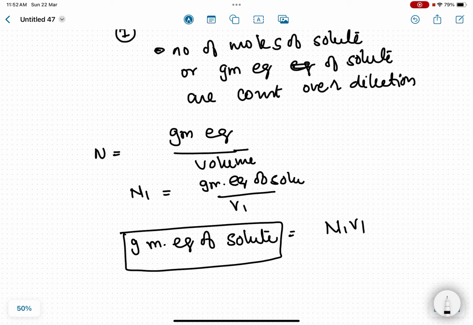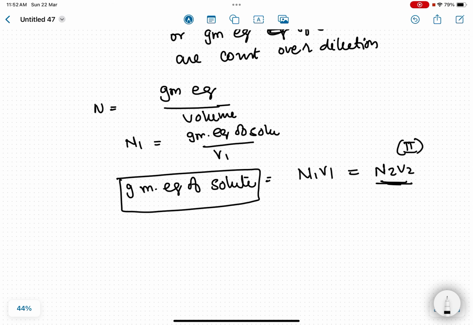This has not changed, it is constant, and this would be N2 V2 after dilution. Similarly, the gram equivalents after dilution would be N2 V2, so they are equal. This gives us the law of dilution, that N1 V1 equals N2 V2.